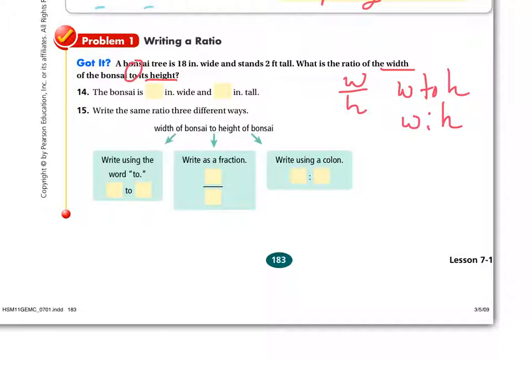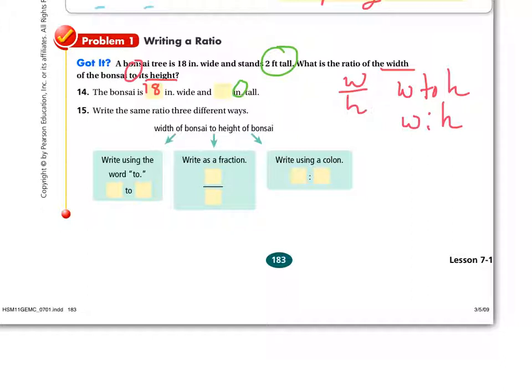And so the bonsai is 18 inches wide. And notice that we go from 2 feet tall to inches tall. When we're comparing inches to feet, that's not a fair comparison, is it?